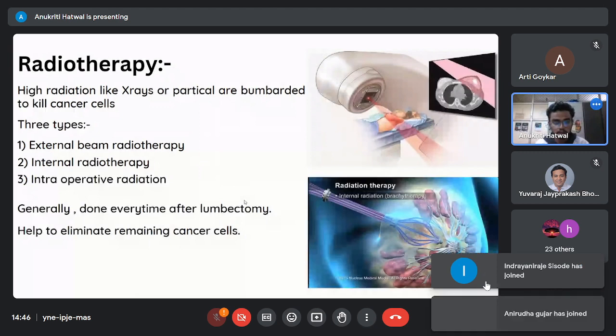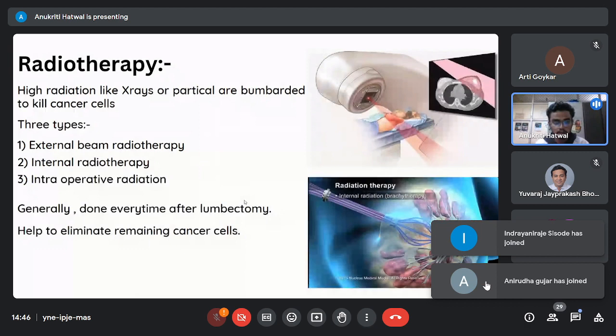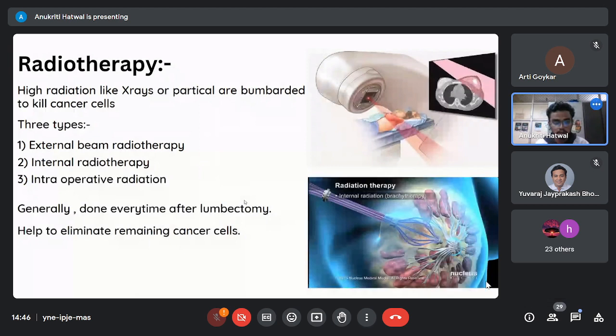Talking about chemotherapy, different types of drugs are given to the patient which inhibit or kill the cancer cells. Chemotherapy can be given intravenously by automated machines or manually. There are two types of chemotherapy. First is adjuvant, which is different type of examples of the drugs given in case of chemotherapy.